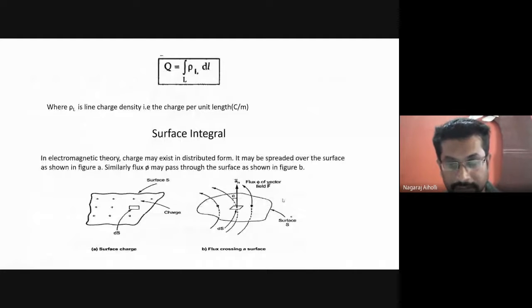It is here. This is our theta. Then if I take cos theta, it is the adjacent side divided by the hypotenuse. This ds is the surface. This is our vector field. Whatever these arrow marks are showing is our flux, the vector field f bar.